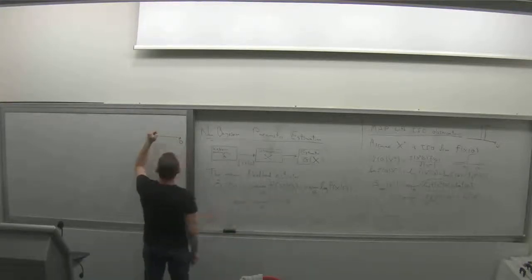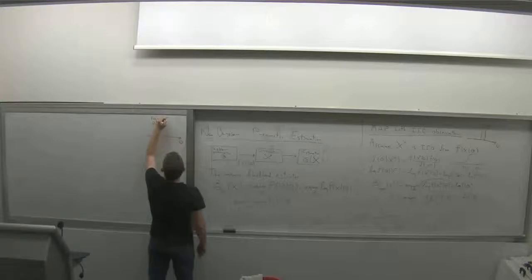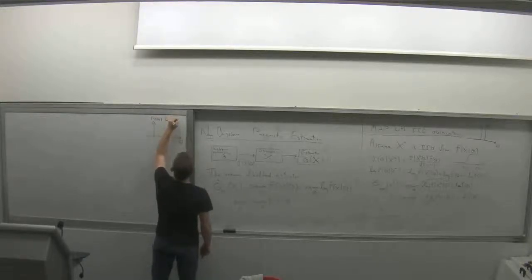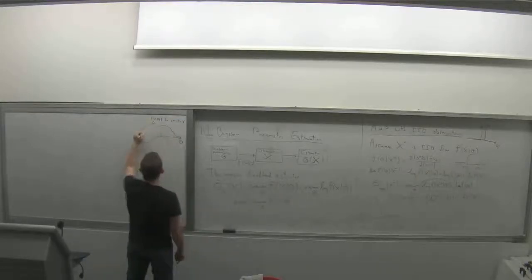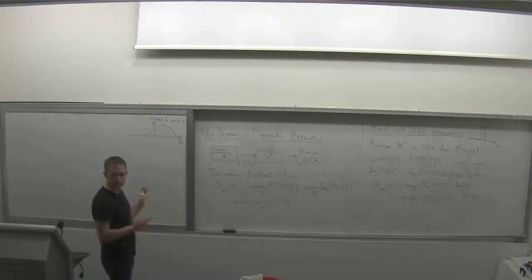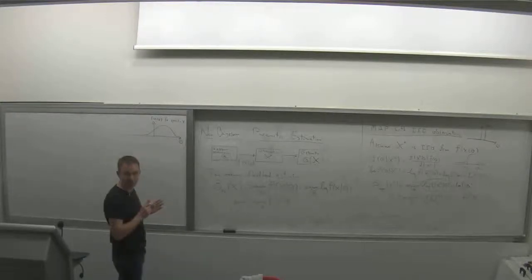This function looks like this: there's a theta axis, and f of x given theta for a specific x. So this whole thing happens for a particular observation, and maximum likelihood is just the maximizer of this.